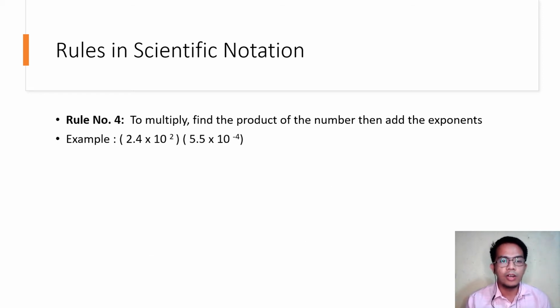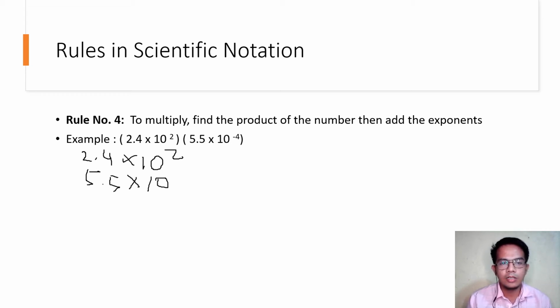Rule number 4, to multiply, find the product of the numbers, then add the exponents. For example, we have 2.4 times 10 raised to 2, multiplied by 5.5 times 10 raised to negative 4.